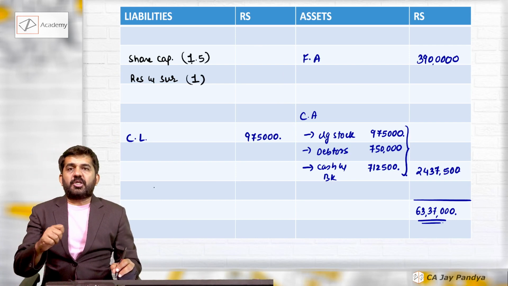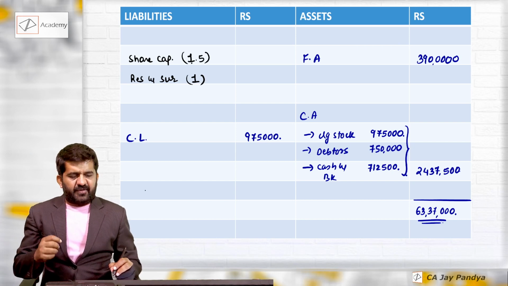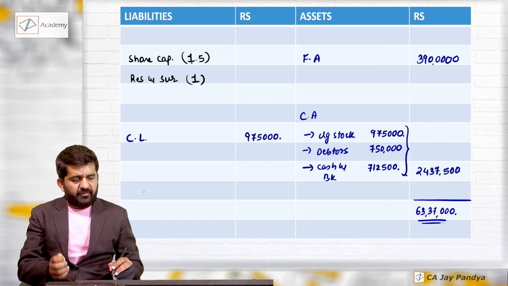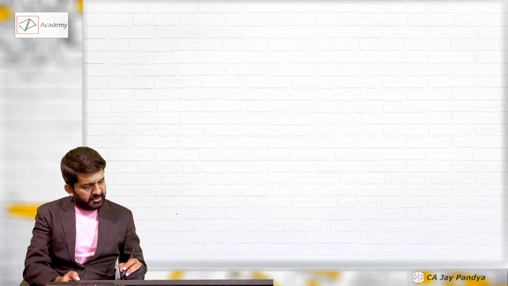So if total owner's capital is 2.5, 1.5 will be share capital and 1 will be reserves and surplus. This is what they mean to say.